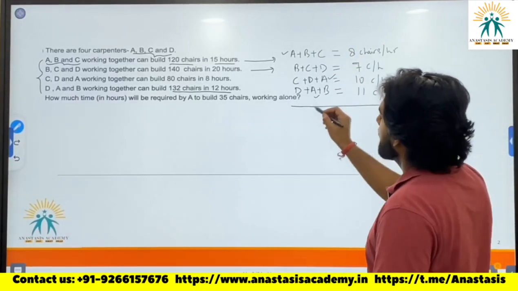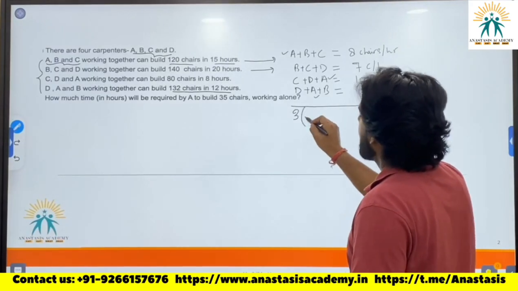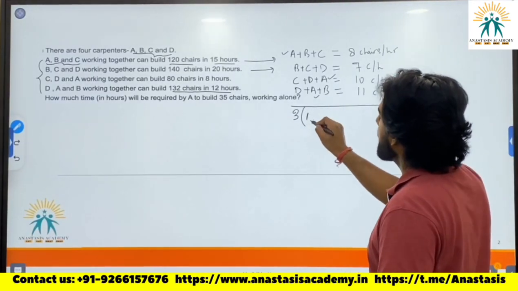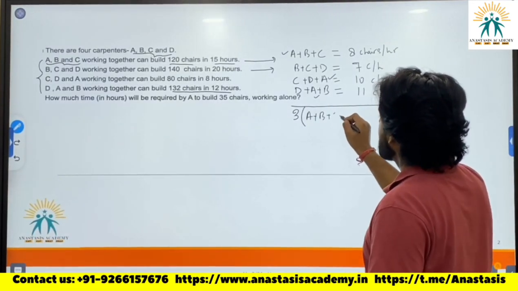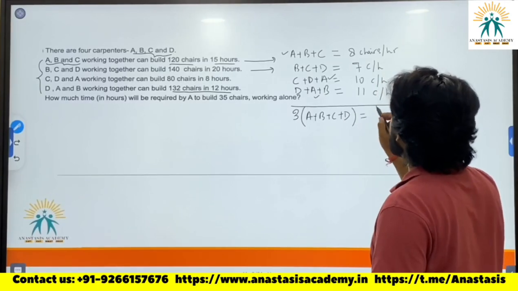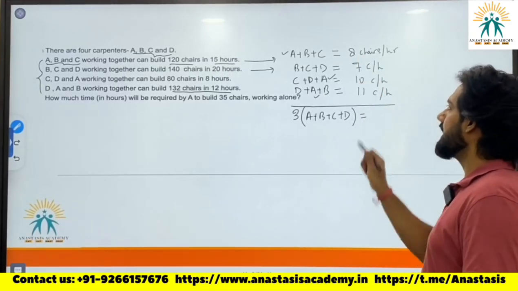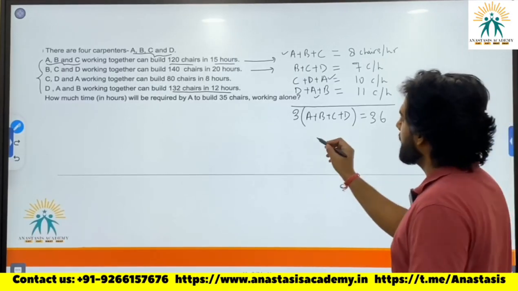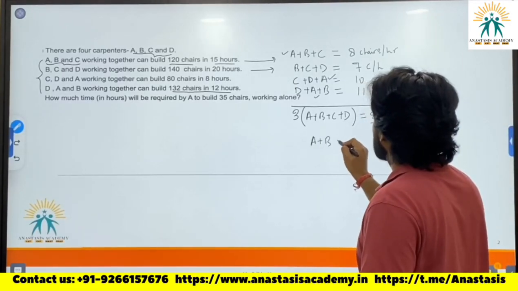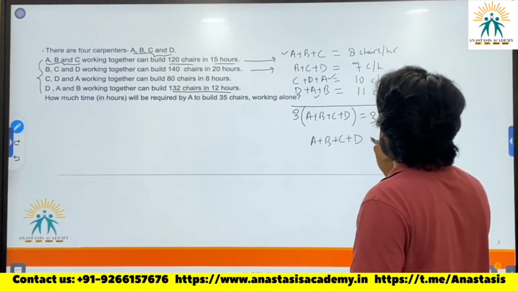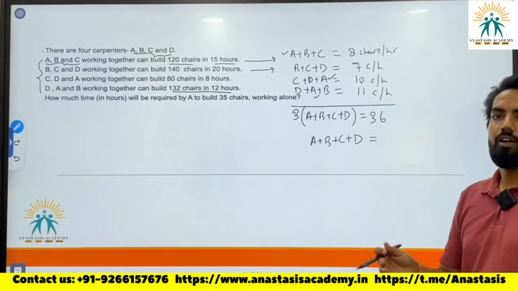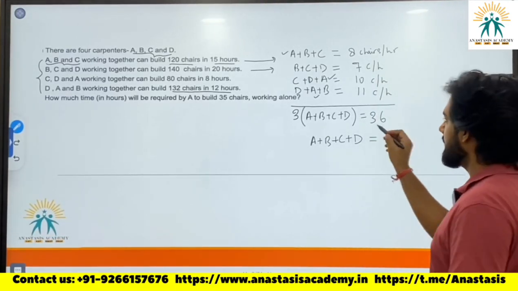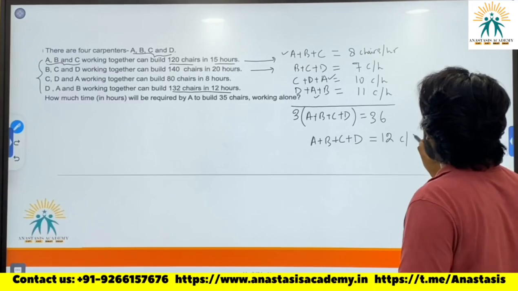So add these 4 equations. On adding I get 3 times A plus B plus C plus D is equal to 8, 7, 15, 25 and 36. So from here I get the combined efficiency of all the 4 carpenters, that is 12 chairs per hour.